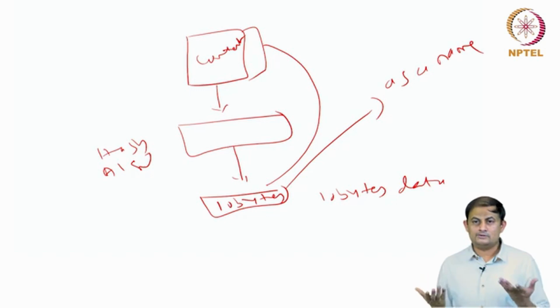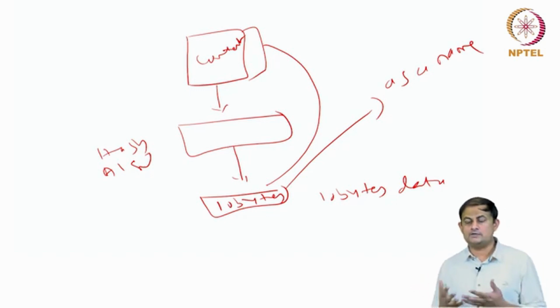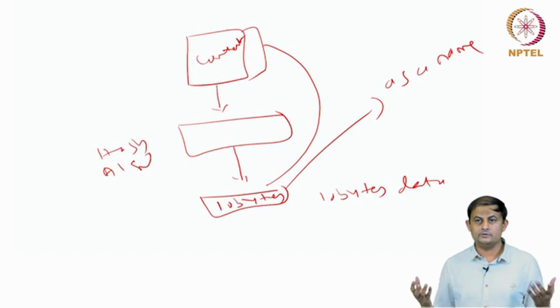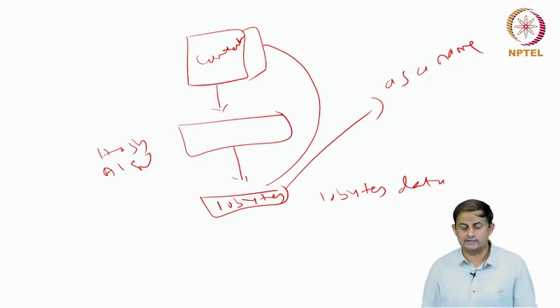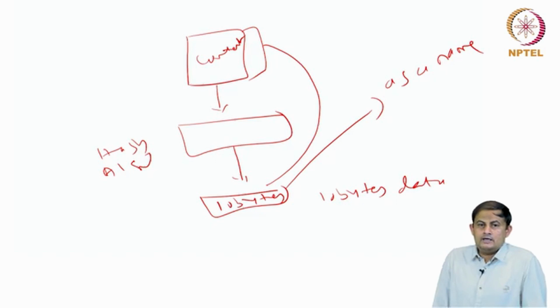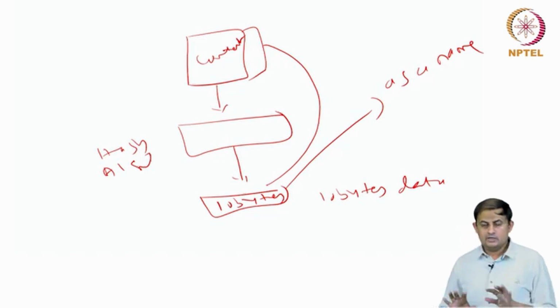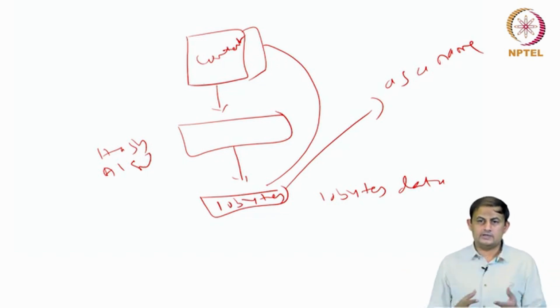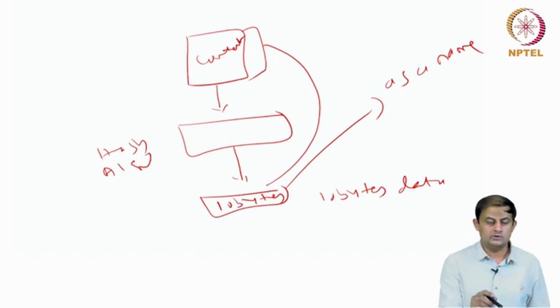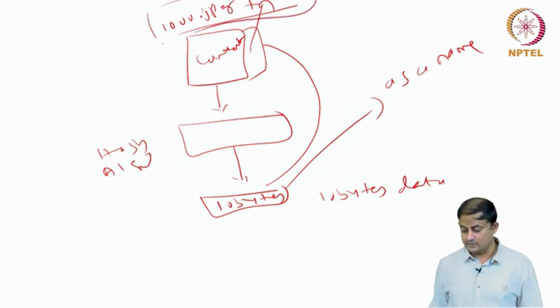Now how does an arbitrary user who is interested in some random content know the hash value that got generated? A compromise between the hash value and the ability of the user to name the content is to combine the user generated names. So for example, the user wants to name this content as 1000.jpeg, and what I am going to do is this 1000.jpeg plus this hash value becomes the name for this content.